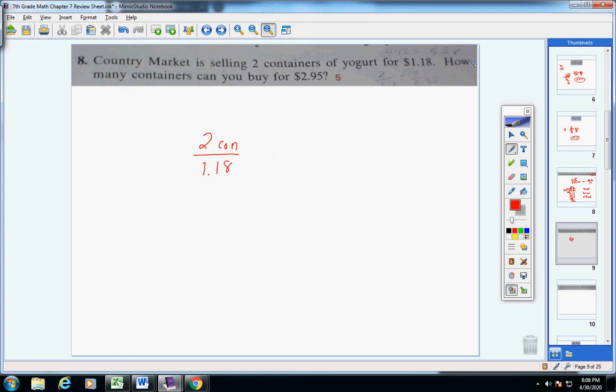Now, I see another ratio here. How many containers, that's your X, can you buy for $2.95? So X containers for $2.95. Look how easy that is, guys. It's all set up. Now remember, if you have containers up top, you must have containers up top over here. We do.